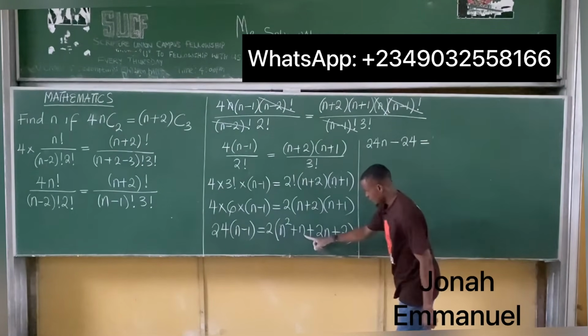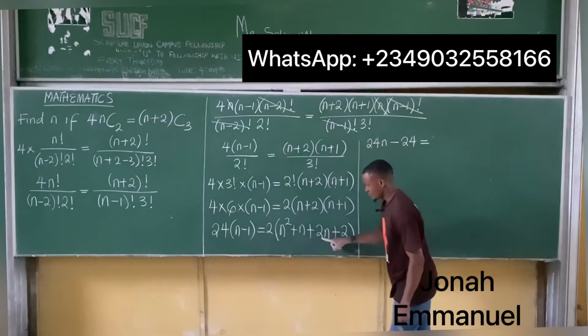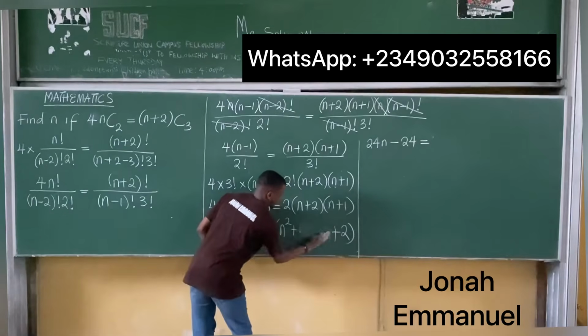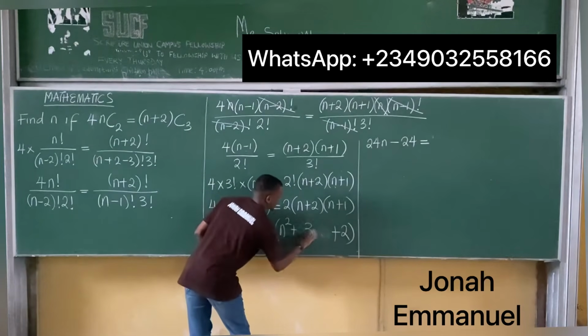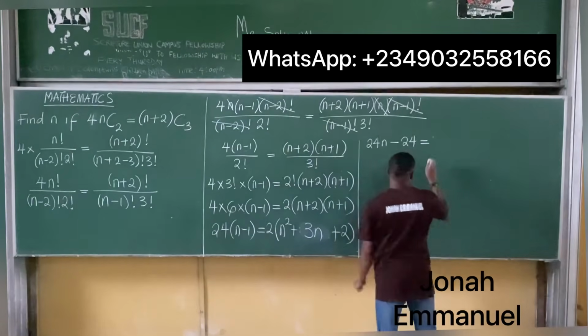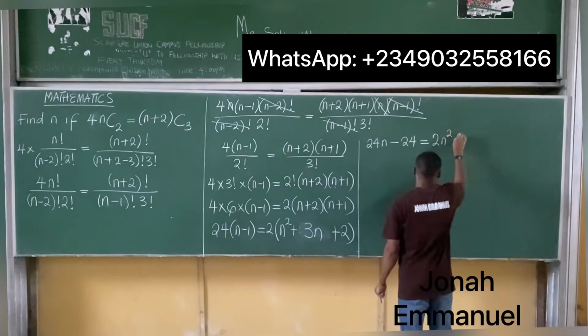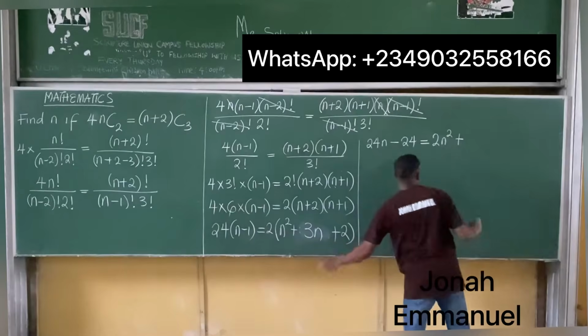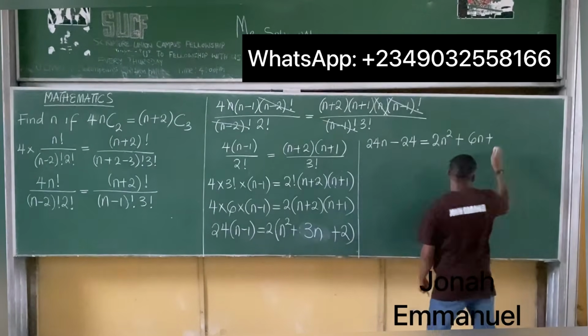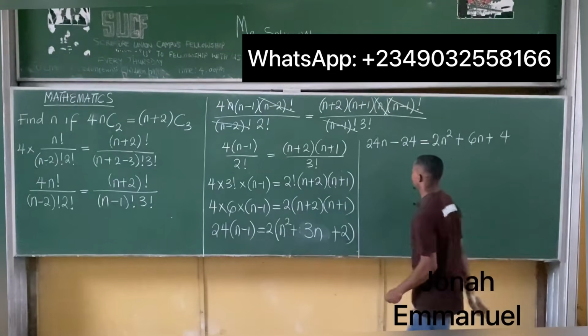If I look at this, this is n plus 2n. If I sum this, you have 3n. So combine these two, I have 3n plus 2. So 2 times n squared gives you 2n squared, plus 2 times 3n gives you 6n, plus 2 times 2 gives you 4.